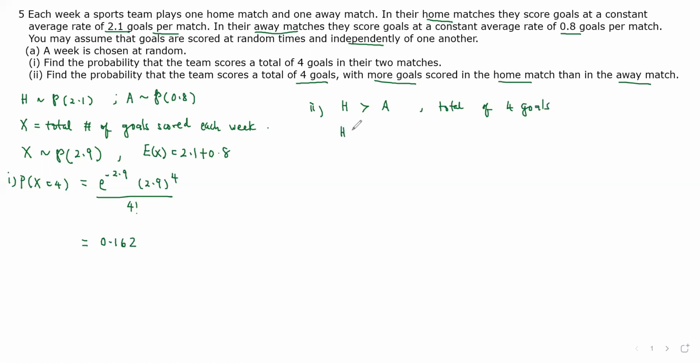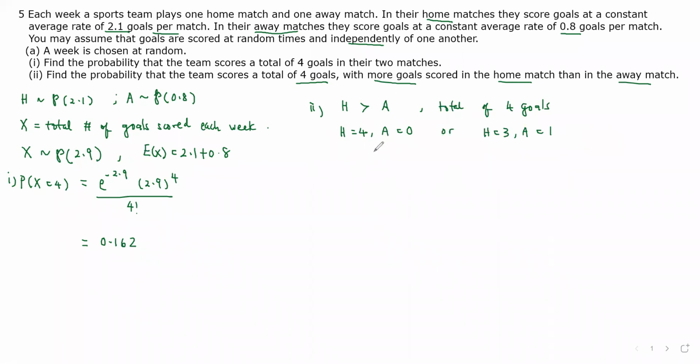Then the home match could be 4 goals and the away match 0, or the home match 3 goals and the away match 1. The next case would be 2 and 2, but it does not satisfy the condition that the number of goals scored in the home match is more than in the away match. So forget about this one.